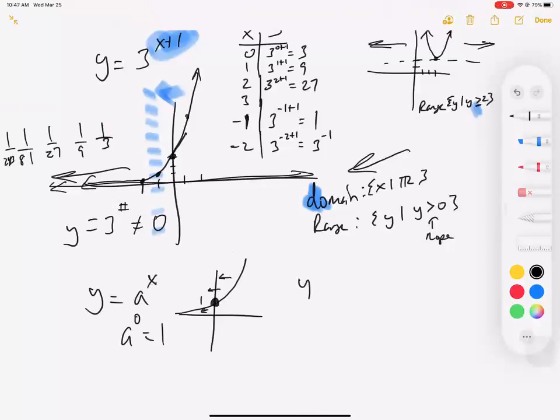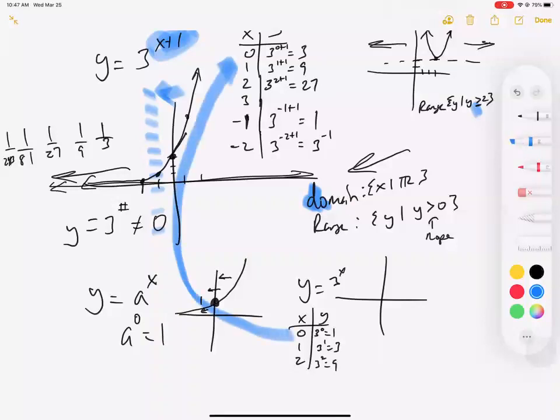So if I wrote y is equal to 3 to the x, our values would have been, let's just do the x and y so you guys can compare. 0, 1, 2. 3 to the 0 is 1. 3 to the 1 is 3. And 3 squared is 9. Please compare this with this guy up here.